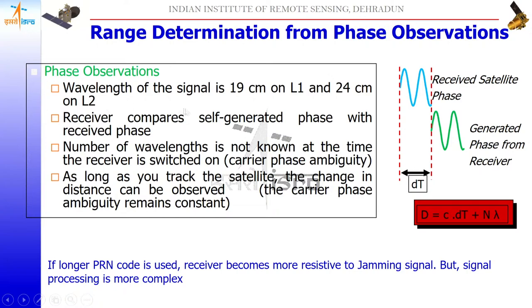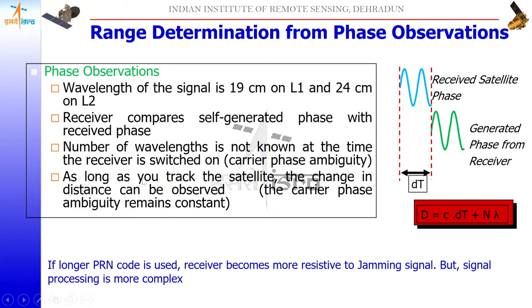The receiver compares its self-generated phase with the received phase. The number of wavelengths is not known at the time of the receiver switch on. This is one of the important errors, called carrier phase ambiguity.